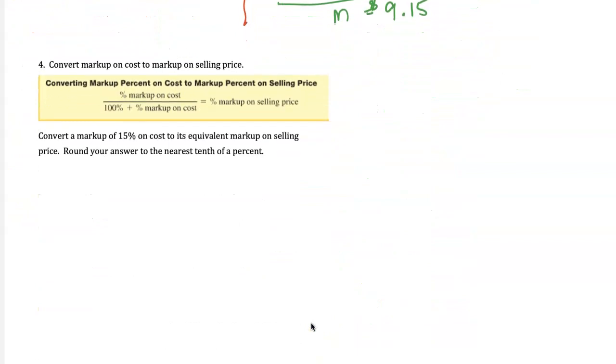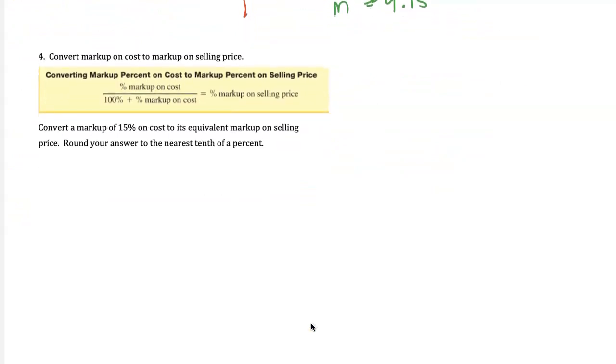For question 4 and question 5, you are actually given this yellow box on your formula sheet. So once you get to Unit 3, you're allowed a formula sheet on your exam, and this formula is given to you, not something you have to memorize.